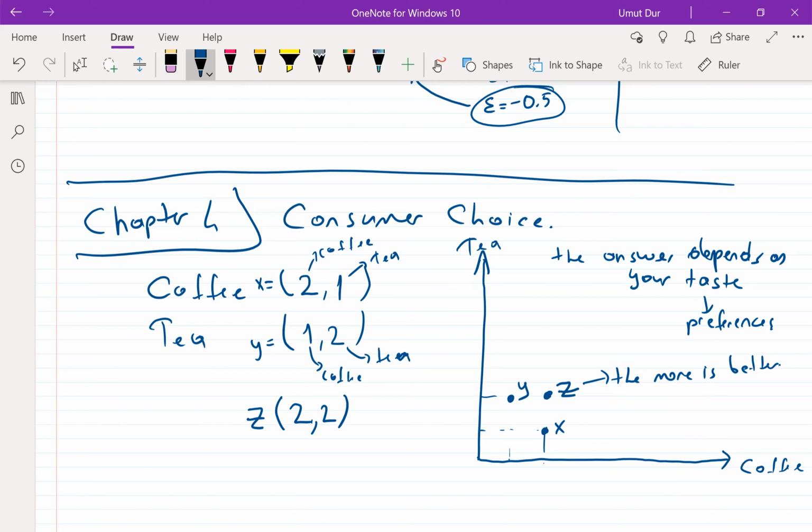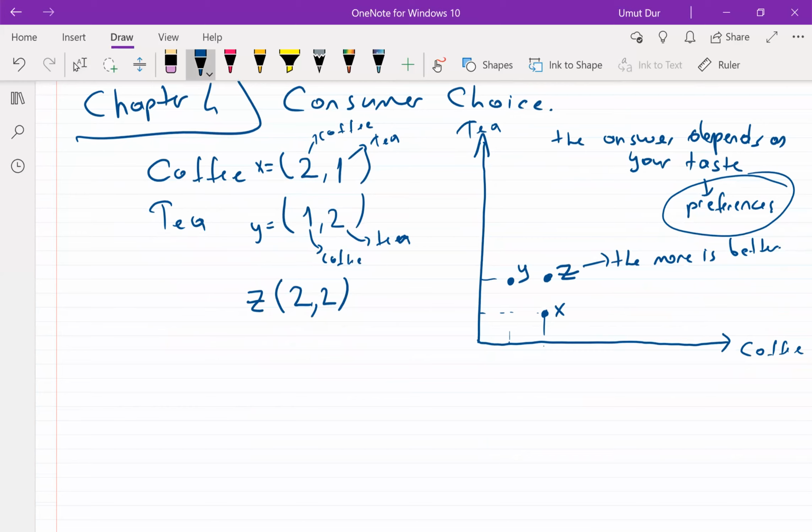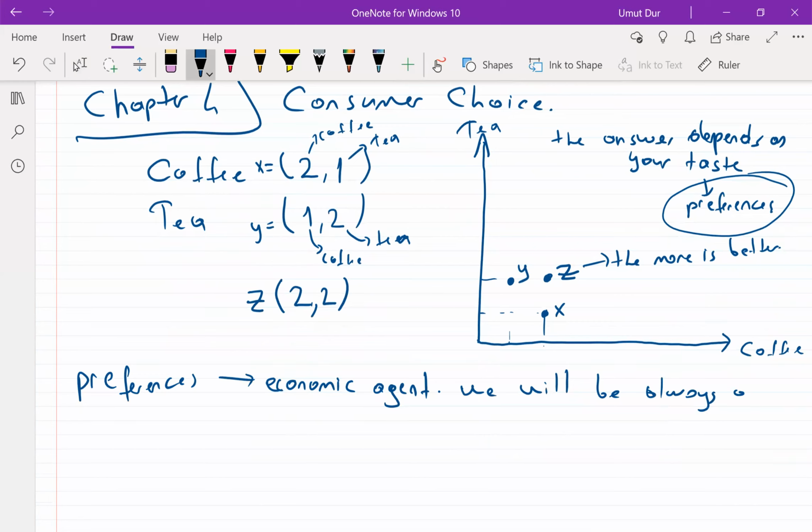In fact, we will be related with the preferences in this chapter. As an economic agent, we will always be able to compare different bundles of goods.